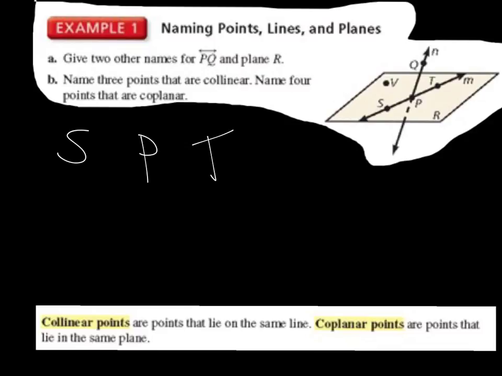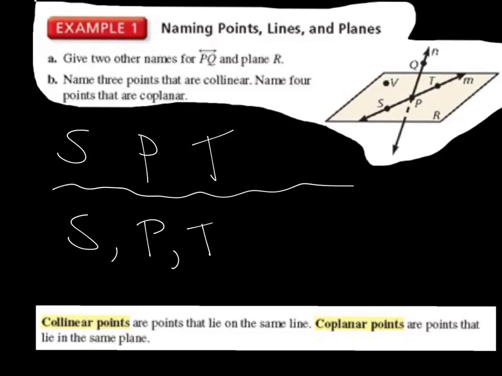Also for the coplanar points that fall on the same plane, you can really just pick any 4. So it would be S, P, T, and V. So right here we have collinear, and these are coplanar: S, P, V, T.